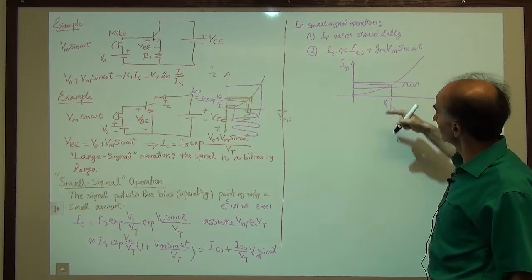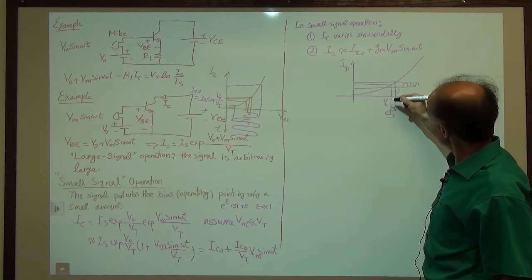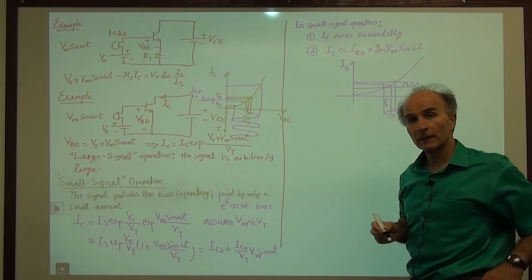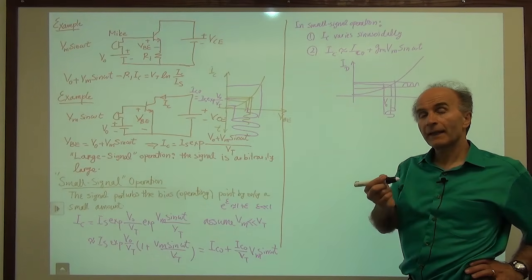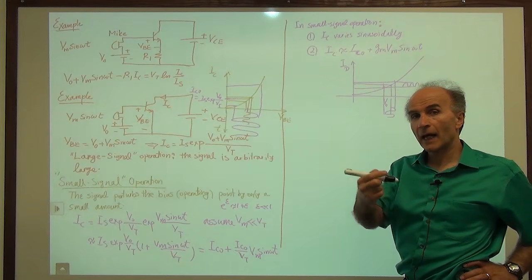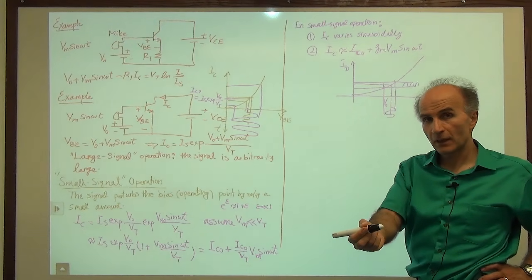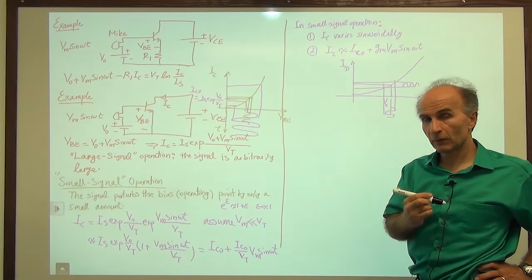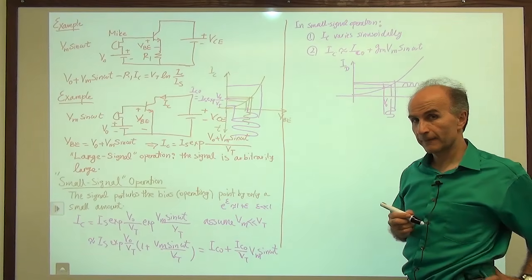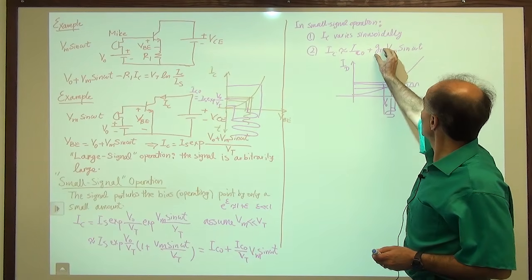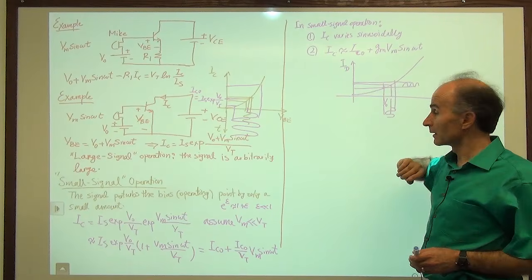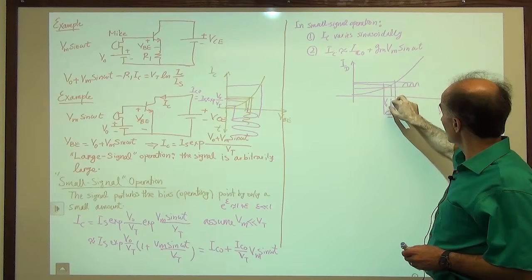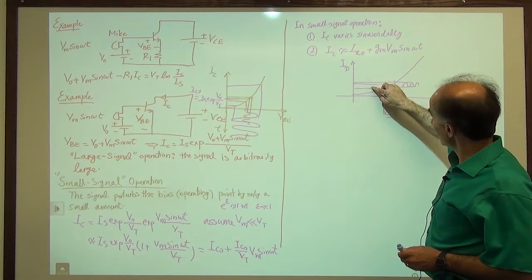So this goes up here, and the current fluctuates between these two. So why is it that I can say that the output current fluctuation is equal to Gm times the input voltage fluctuation? This voltage fluctuation times Gm gives me this current fluctuation.